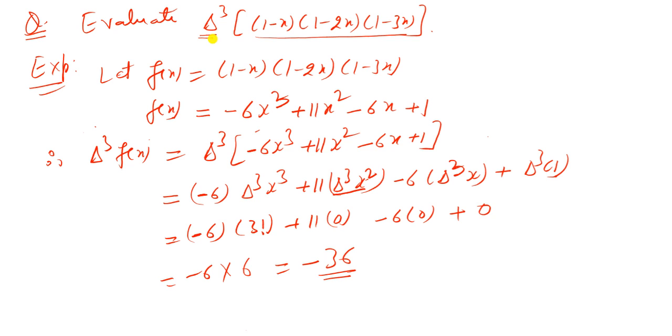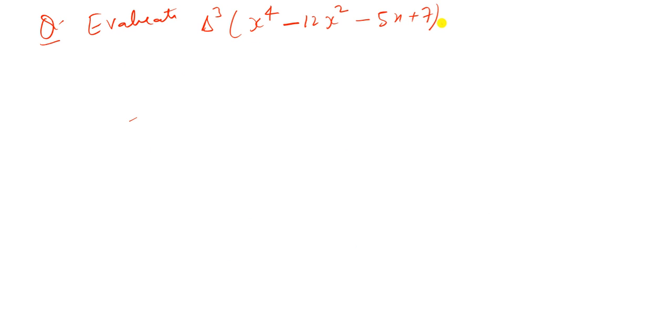Now evaluate the third order forward difference of the polynomial x⁴ minus 12x² minus 5x plus 7. As we know, Δⁿ xⁿ is equal to n factorial, and Δⁿ⁺¹ xⁿ is equal to 0.